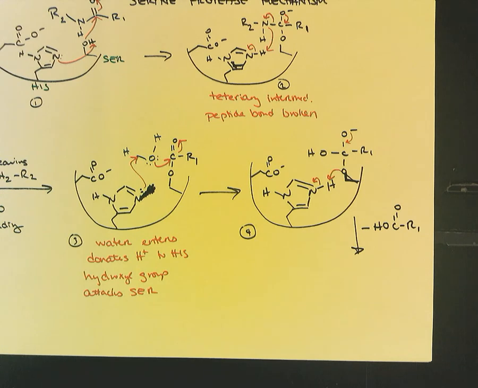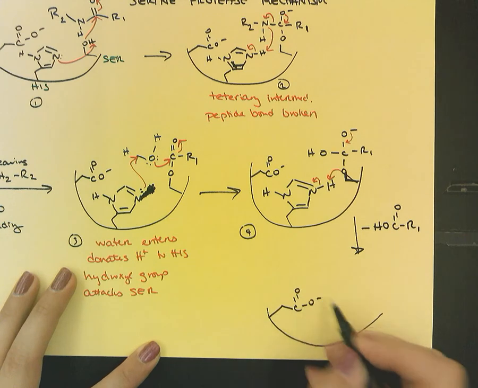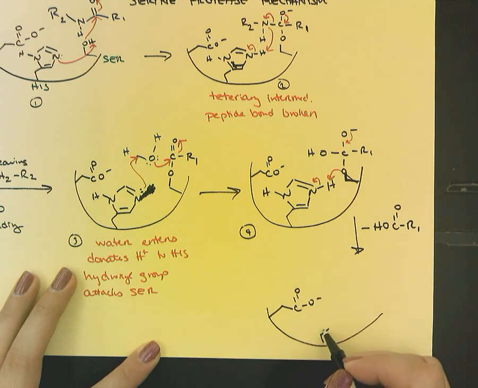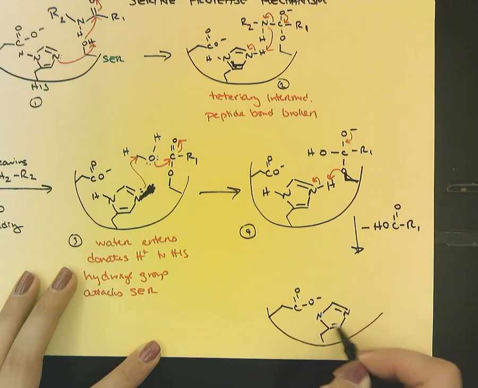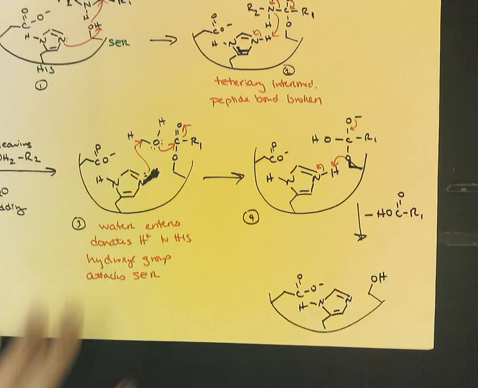So you lose that other fragment, and you're back to your original active site. So pretty much you just do the same steps twice through.